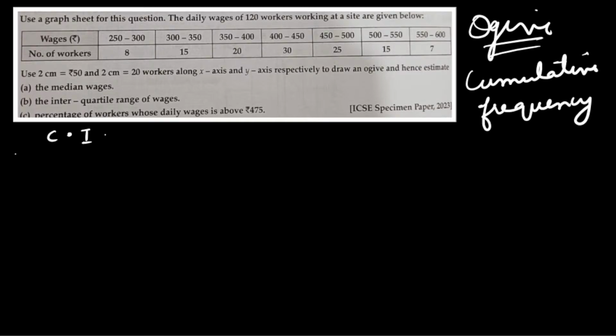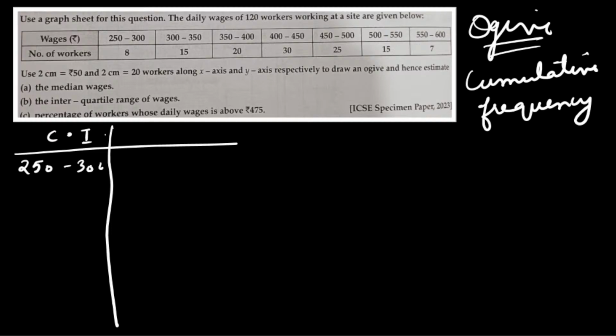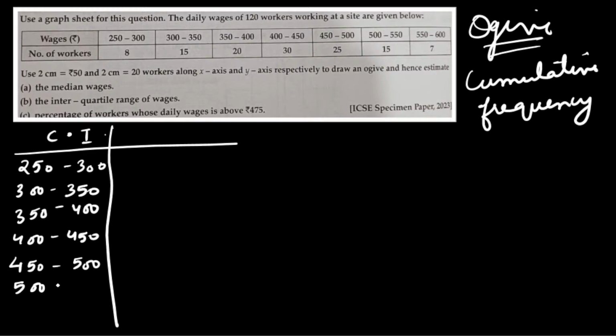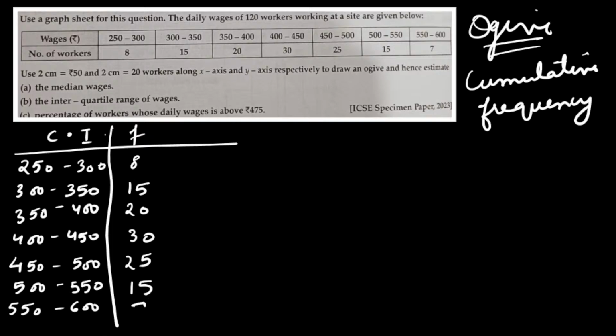Class interval: 250 to 300, 300 to 350, 350 to 400, 400 to 450, 450 to 500, 500 to 550, 550 to 600. Then f: 8, 15, 20, 30, 25, 15, 7.